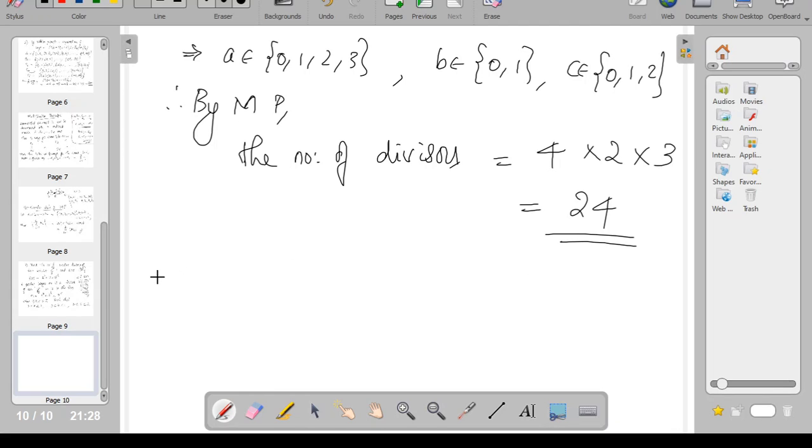So we can generalize this result. So let us see the general result.